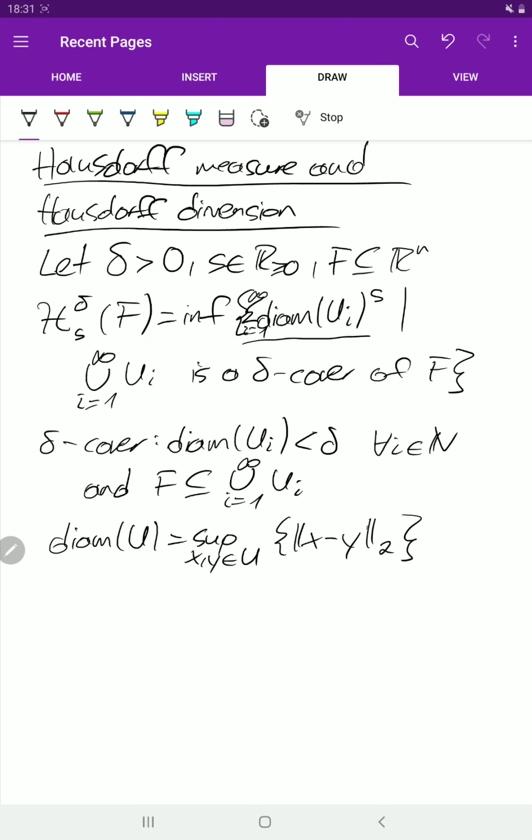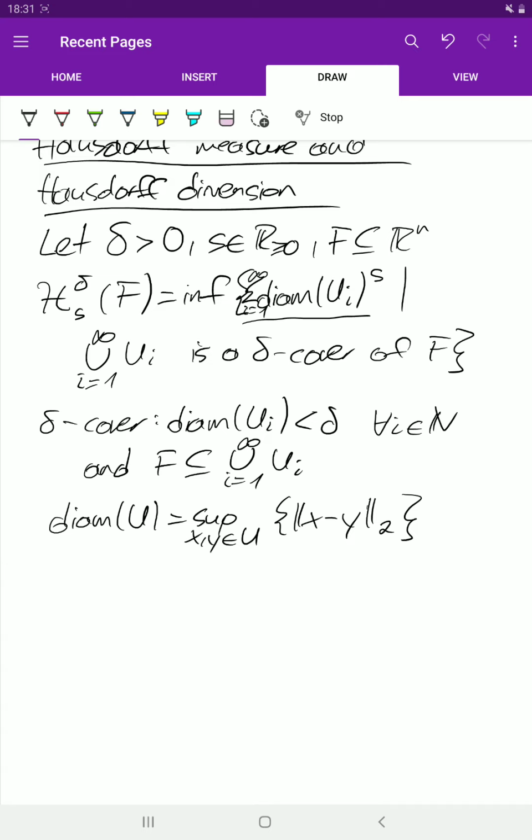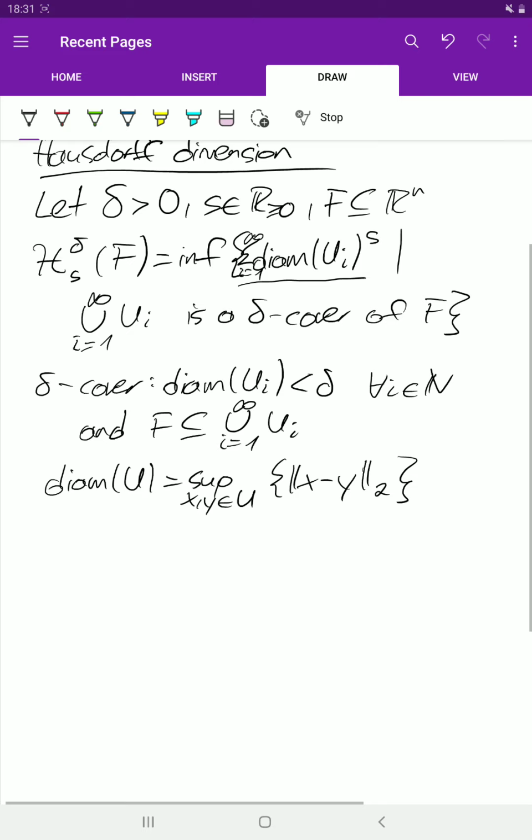We take these diameters to the s, and we look at all delta covers, and then we take the infimum. Okay, so that's quite straightforward. Well, the definition isn't that obvious, but it's straightforward what the terms in the definition are.